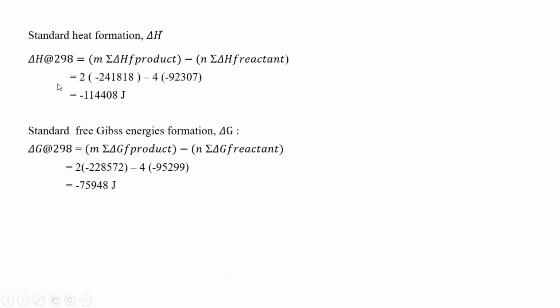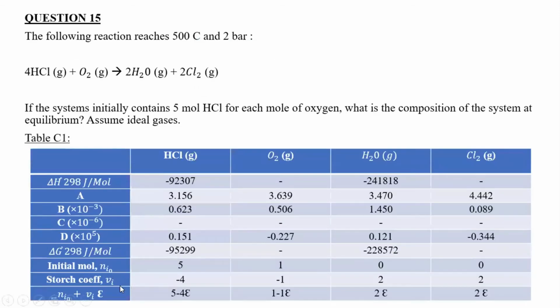Here is the stoichiometric coefficient and here is the value of A. So how to calculate it? Just negative 4 multiplied with 3.156, plus negative 1 multiplied with 3.639, plus 2 multiplied with 3.470, plus 2 multiplied with 4.442.